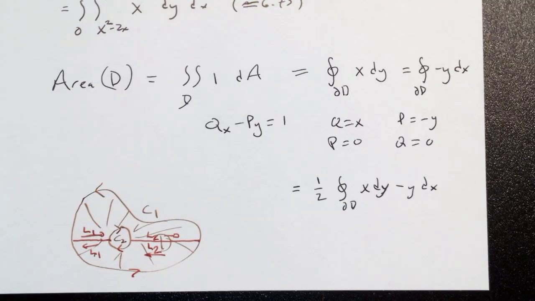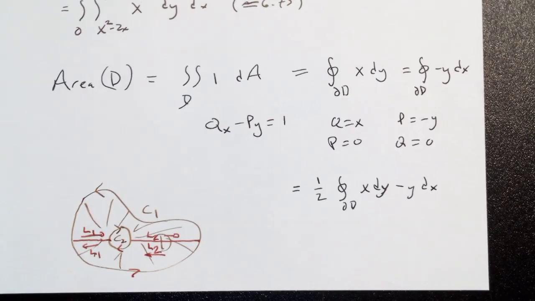Going left to right on line 2 is canceled by going the other way. These should cancel each other out. What am I left with? The integral on curve 1 and the integral on curve 2. But the integral on curve 2 is backwards, isn't it? It's clockwise, not counterclockwise. So if I turn that integral around, I could subtract instead of adding.